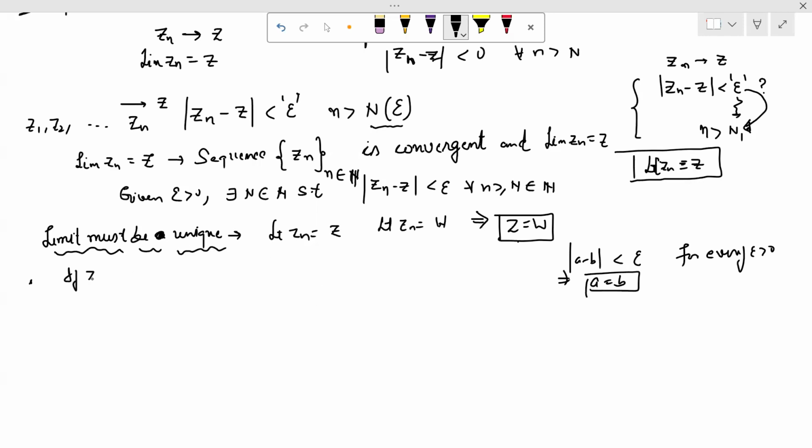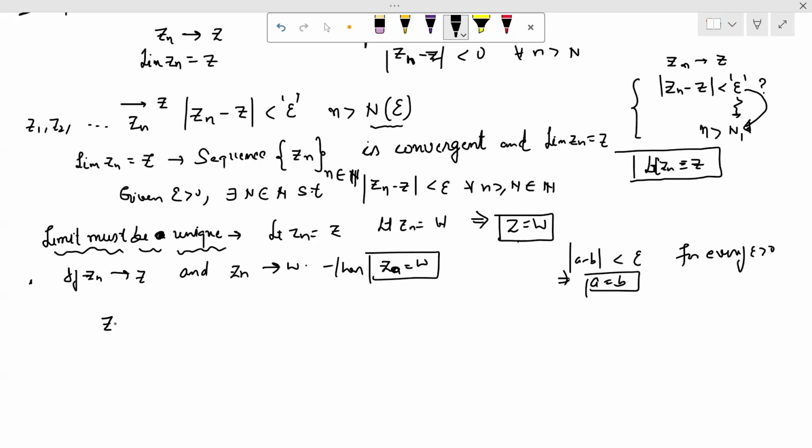Now, if Zn converges towards Z and Zn also converges towards W, then the sequence is convergent, so Z must be equal to W. How to prove this?